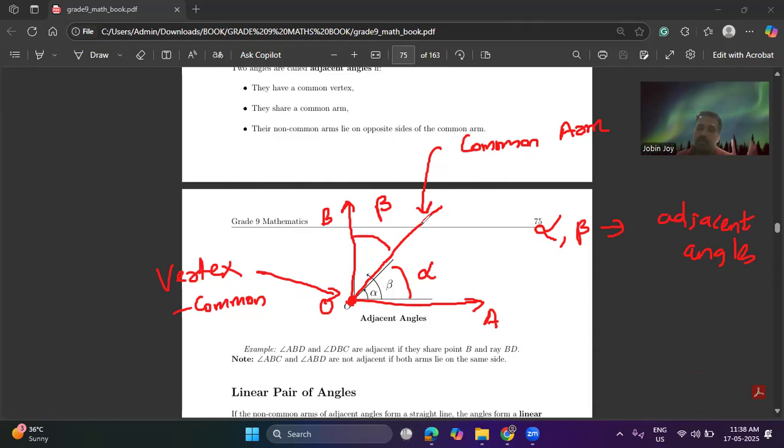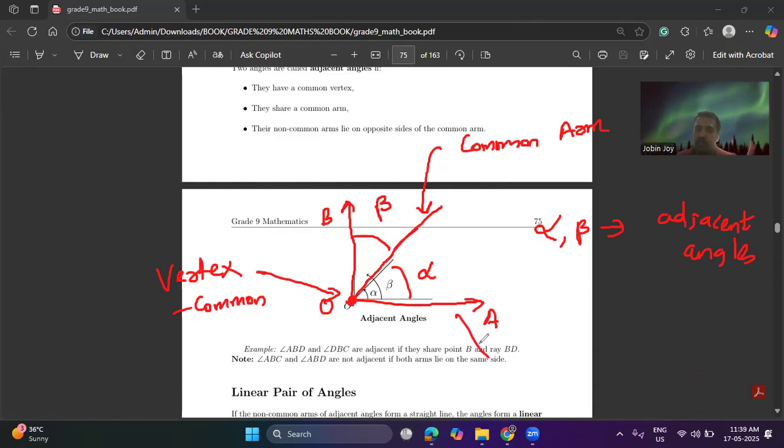You can see this is one arm for this angle. Check the another angle beta. This is one arm of this angle. That means these two angles, the middle arm is common for these two angles. So there is a common arm and there is a common vertex.